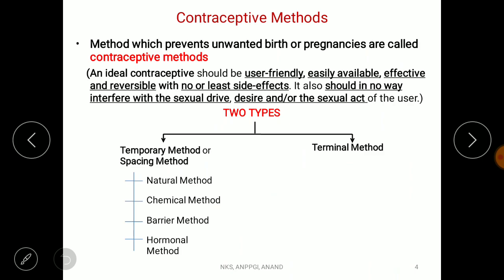Now we discuss the commonly used contraceptive methods. First, we understand what a contraceptive method is.